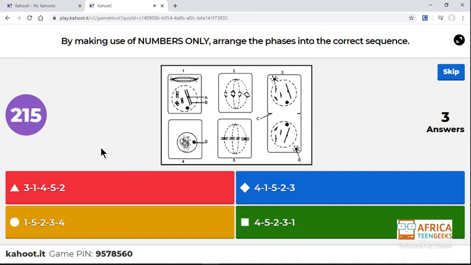So our first option is 3, followed by 1, then 4, 5, and 2, or 1, 5, 2, 3, and 4, or 4, 1, 5, 2, and 3, and lastly 4, 5, 2, 3, 1.